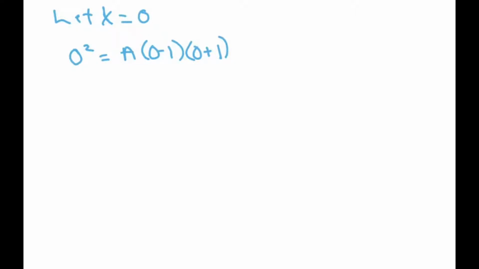And then you're going to get plus B times 0 plus C times negative 2 squared. You plug all that in. So this goes away, and you get 0 equals negative A. This is going to be negative 1. So that's going to be, when you multiply these two, you get negative A.